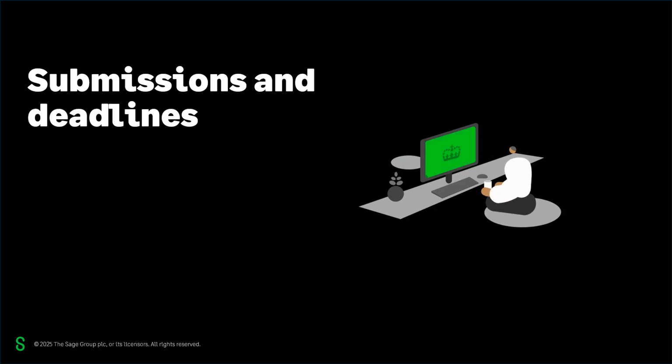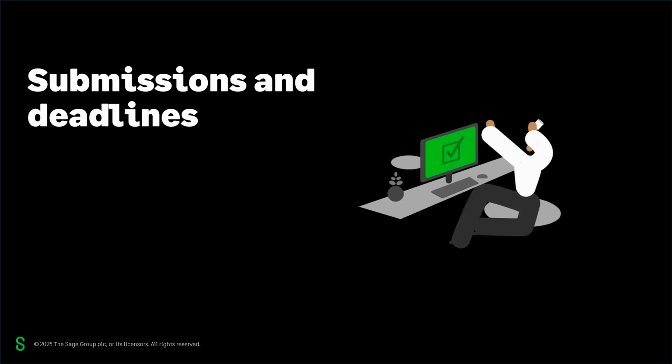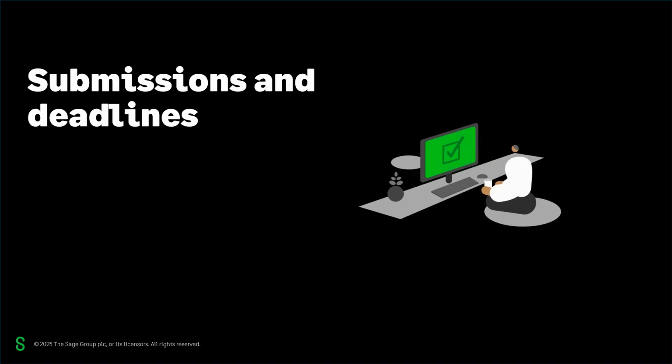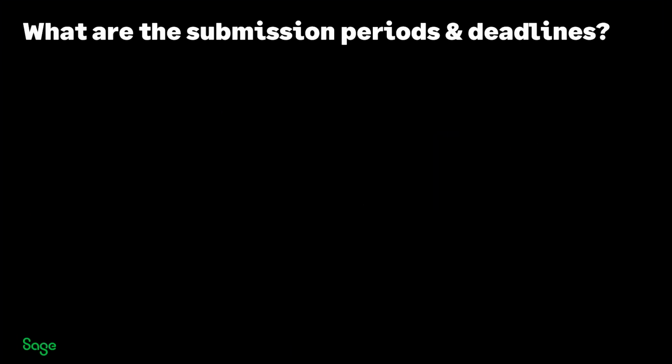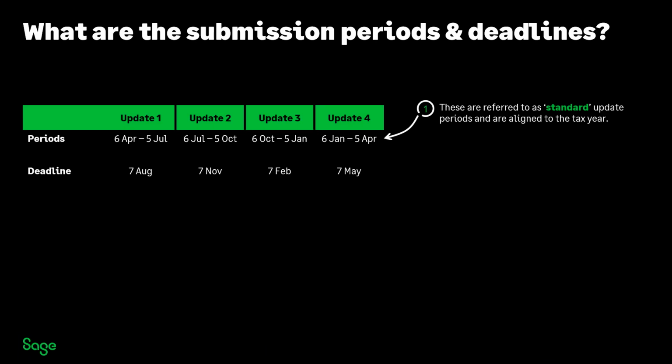So let's take a look at important deadlines. The update periods for the quarterlies are by default aligned to the tax year. So for example, the first quarterly update period is the 6th of April to the 5th of July.